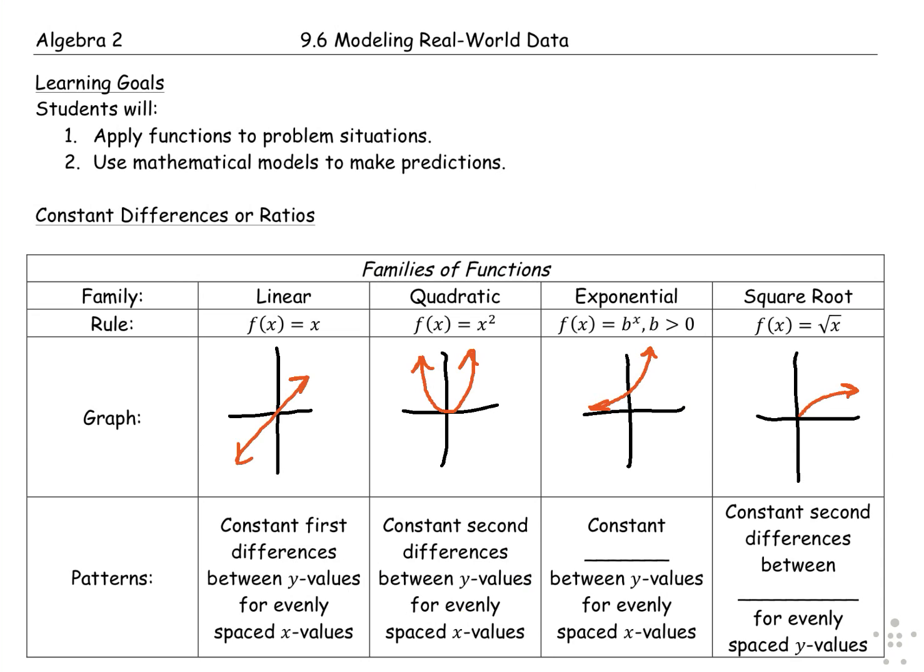All right, we've only worked in one chapter on exponential, so let's definitely review this one again. You have constant ratio, or ratios, between y values for evenly spaced x values.